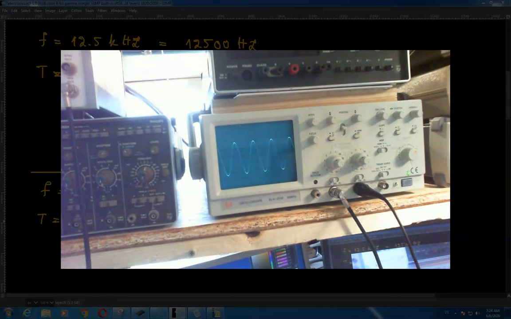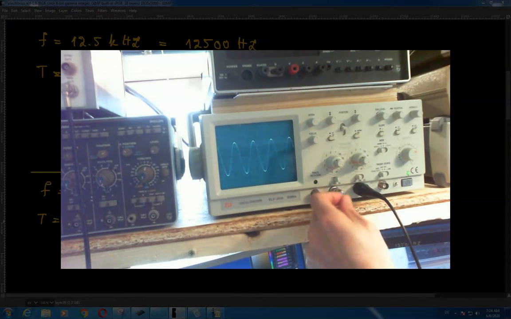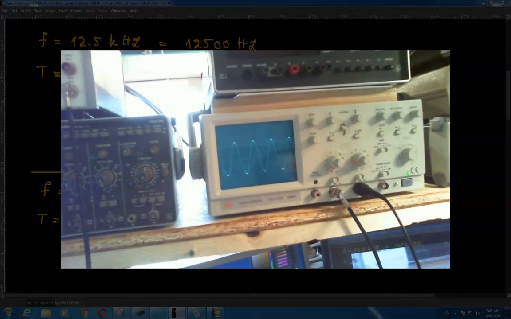Anyway, when you're looking at DC, you need to set this to DC, right? That is this key over here.